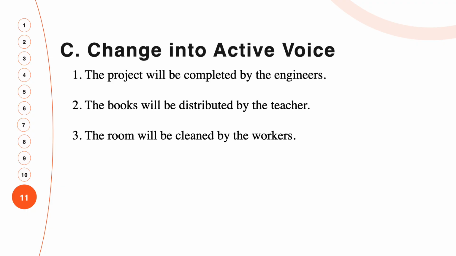And the second one also carries the same formula, which will turn, the books will be distributed by the teachers into, the teachers will distribute the books. And the third one, the room will be cleaned by the workers will turn into, the workers will clean the room. Now I hope you understand now how to use the future, active and passive voice.